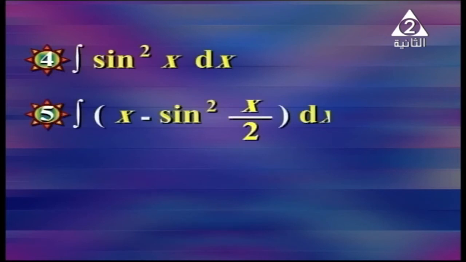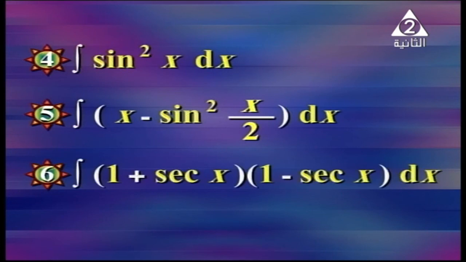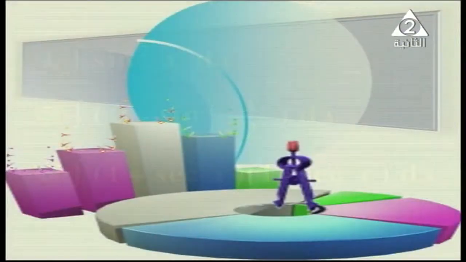Number 5, integration of bracket containing x minus sine square x over 2 dx. Number 6, integration of bracket containing 1 plus sec x multiplied by bracket containing 1 minus sec x dx.